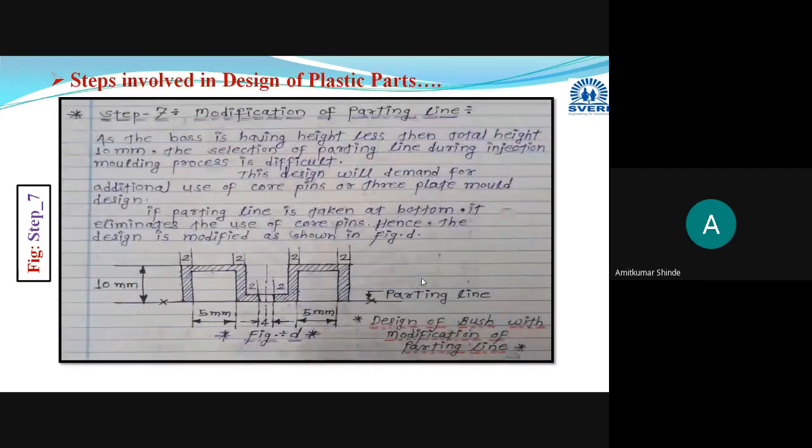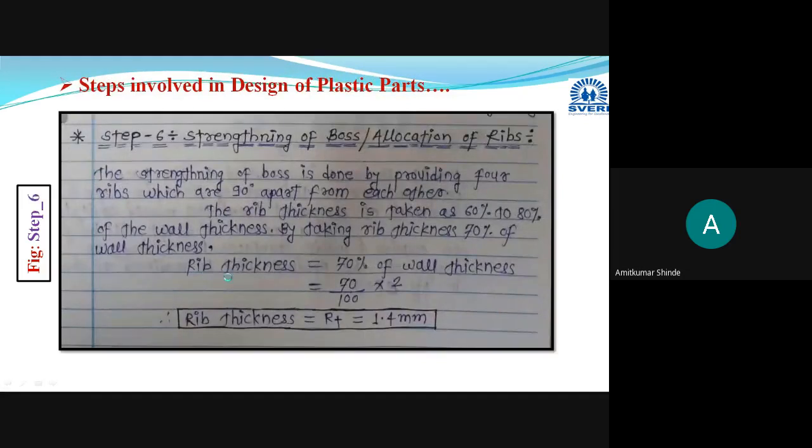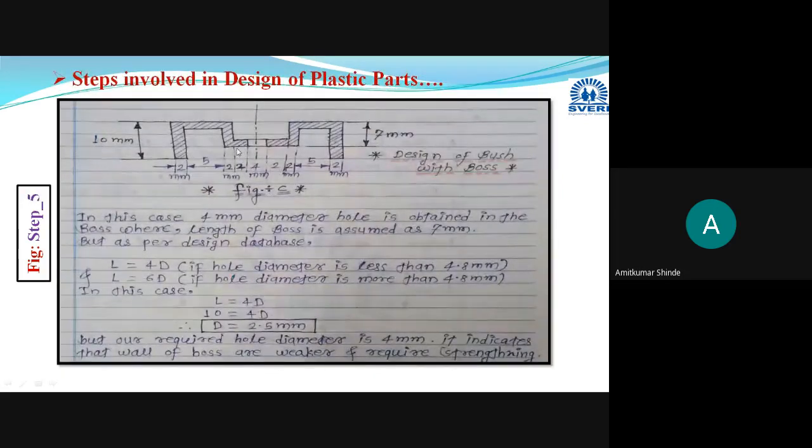Okay, then the next stage. Now here this is the modification of the parting line. Just we have modified the previous design. Please consider this design. Here we have considered the height or length of the boss as 7 millimeter.